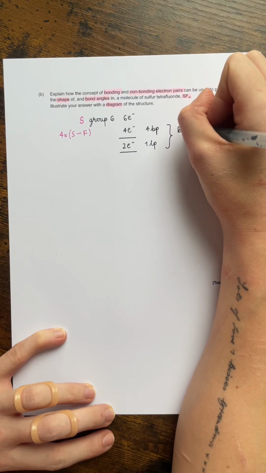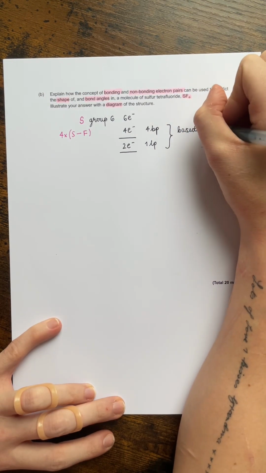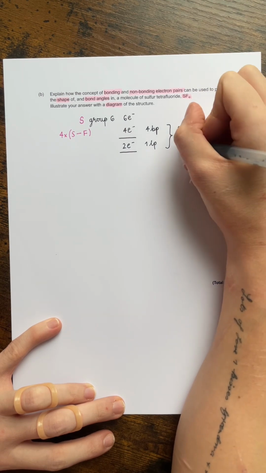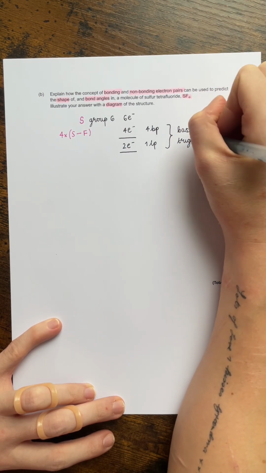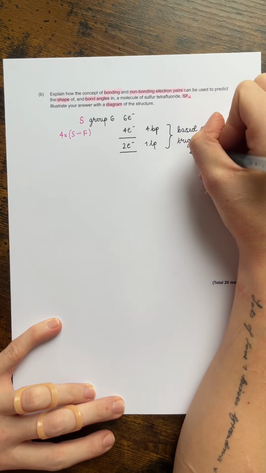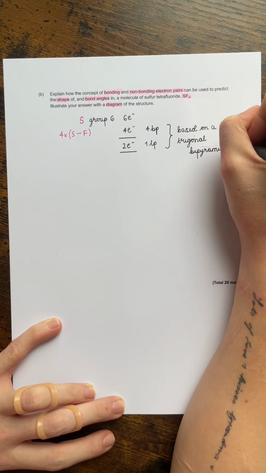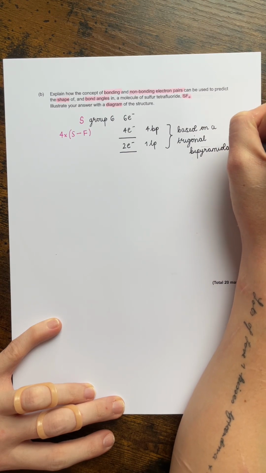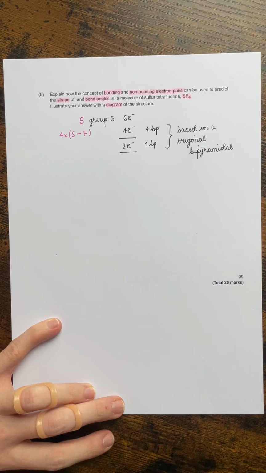So our shape that we draw, we don't have to name it, we just have to draw it, is going to be based on a trigonal bipyramidal structure. And what we're going to need to do is think about where we're going to put our lone pair. And that will come from thinking about electron repulsion theory, which we'll come back to in a second.